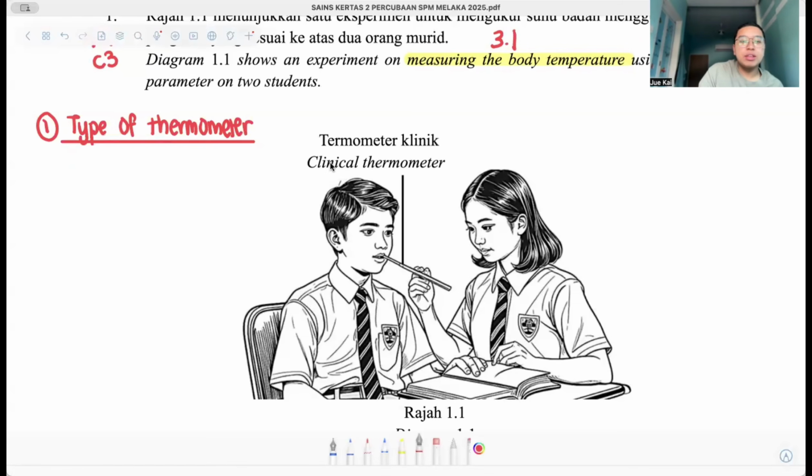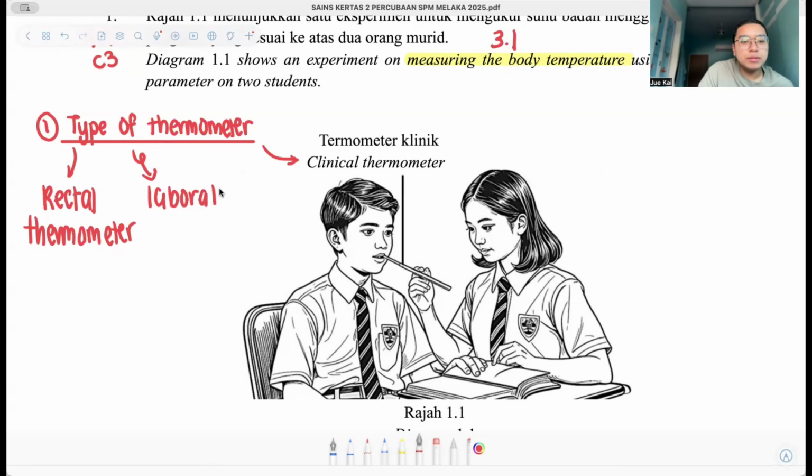The first one, already given to you, is the clinical thermometer. Second one will be the rectal thermometer. I don't care about the order. Then we have the laboratory thermometer.